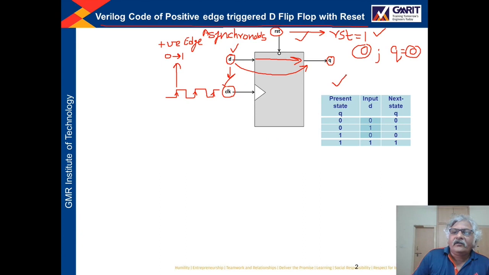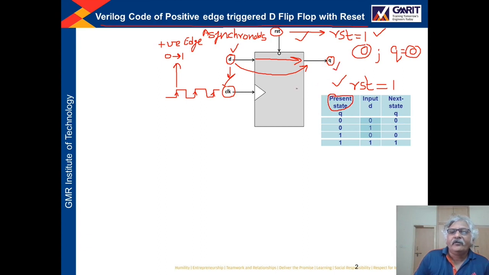This is the truth table of this D flip-flop, and we have written this truth table by assuming the condition that RST is 1. So here this is the column present state, right?